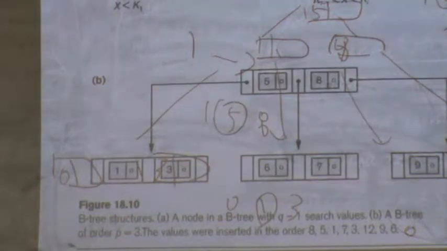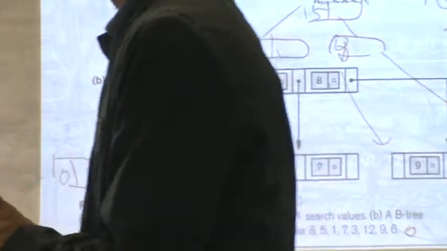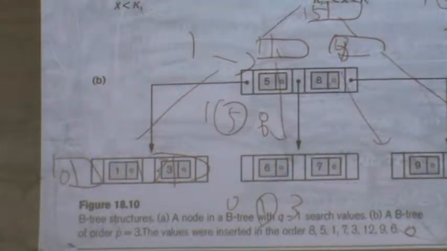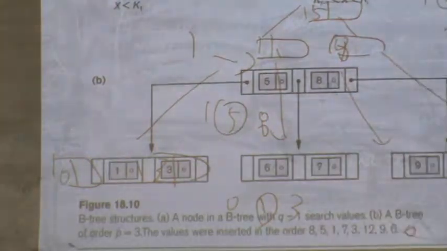It's a little bit more complicated than inserting the data, but the idea is the same. In case of less than half of the capacity, we can merge with the sibling. But I'm not going to explain removing the data. The idea is you can merge in case of less than half of the capacity.